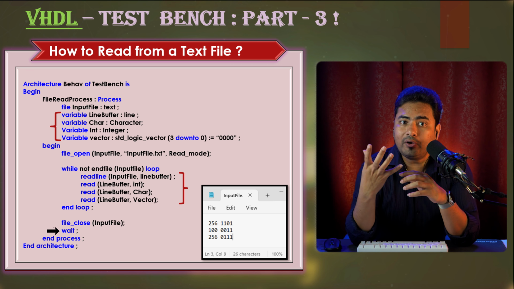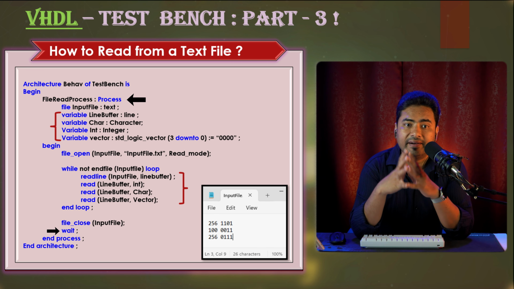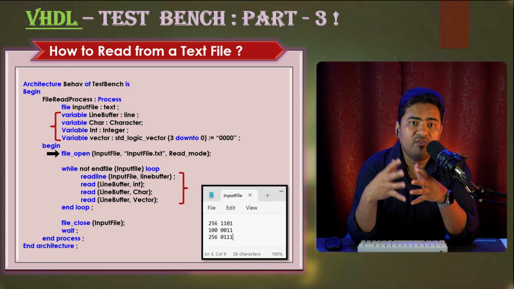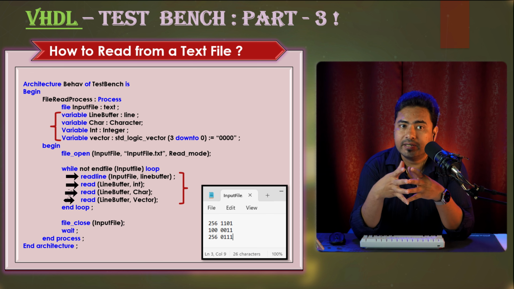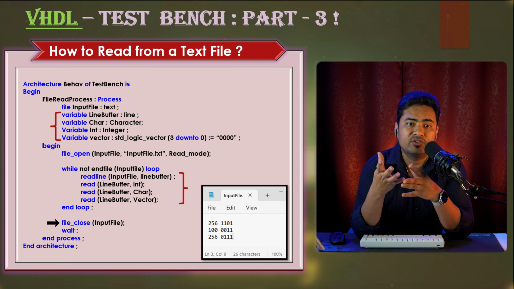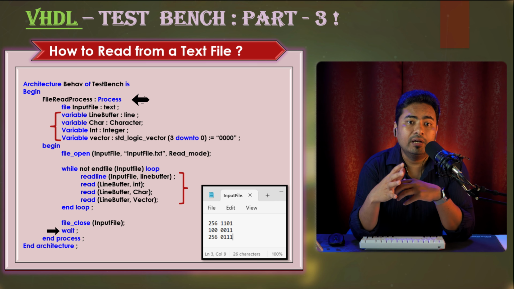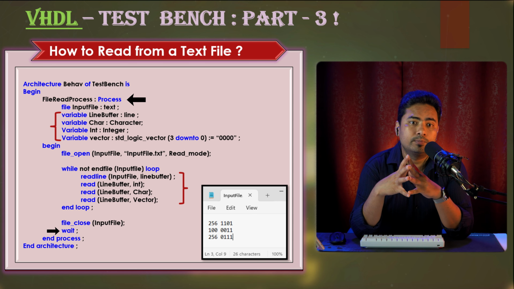If you do not write this wait statement here, then this process will rerun in an infinite loop. It will open a file, then read the data from these statements, and then close the text file. Now, because you have not paused it here, it will again re-trigger this process block.